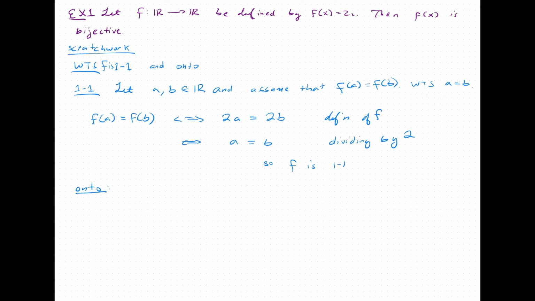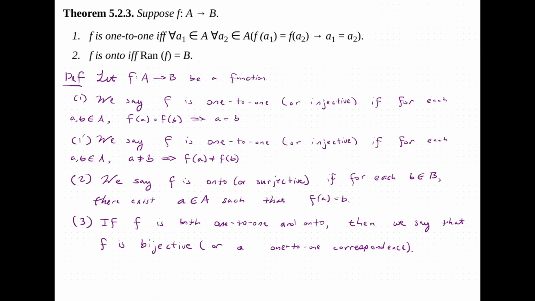For onto, we need to choose an element in the set of outputs. In this case, the main thing is that the set of inputs and outputs are the same, so we have real numbers. But what we want to do is choose an element in the set of outputs, some arbitrary element, and find what is the corresponding element in the inputs that maps to it.